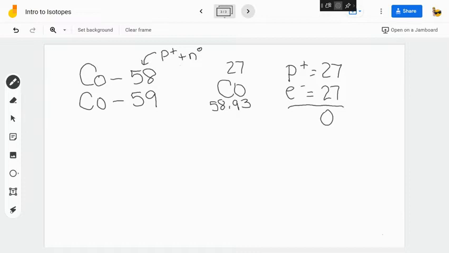It's like 1/2000th of them. So if it has a mass of 58, 27 of that comes from protons. That means that this one will have 31 neutrons, and this one will have 32 neutrons.